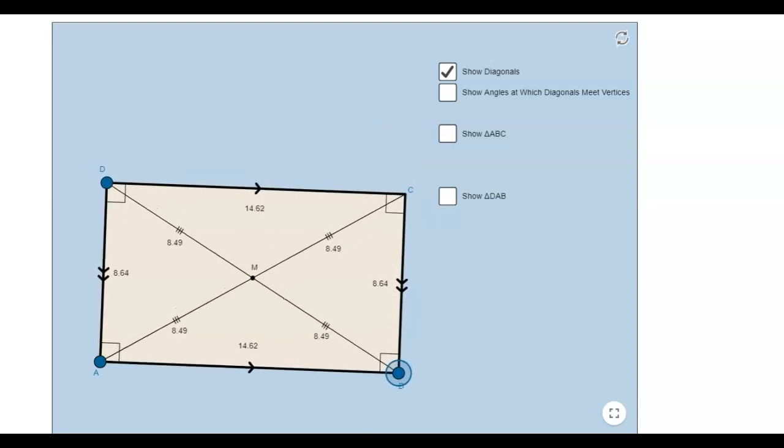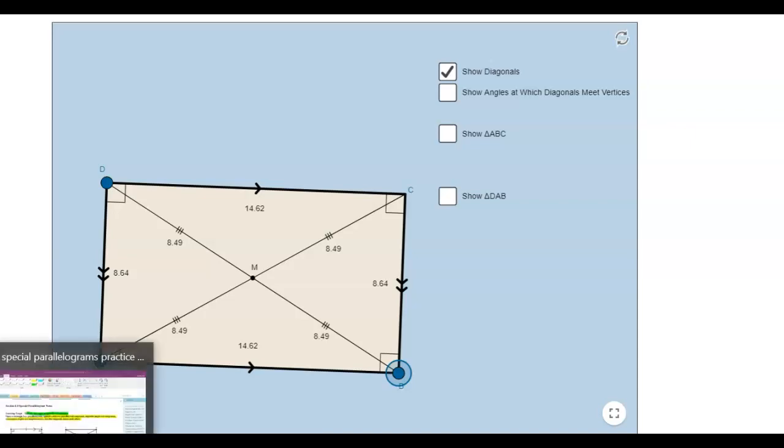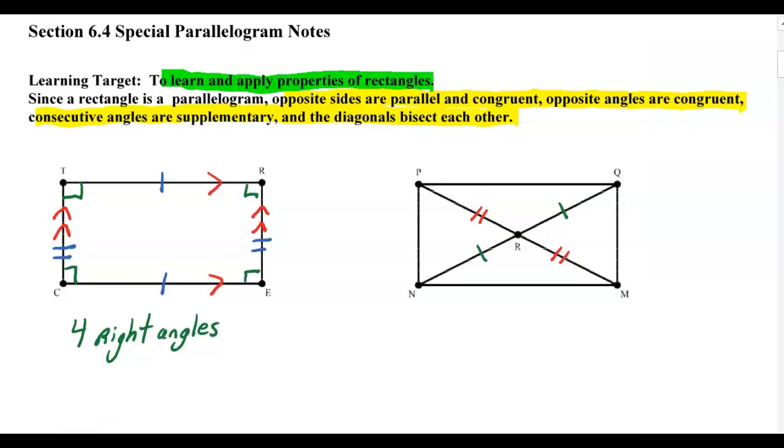Even if I make the rectangle a different size, all 4 pieces of the diagonal are congruent. So it turns out that I don't need different tick marks. I could use the same tick mark for the diagonals. So all 4 pieces are equal, which means the diagonals are congruent. So these are additional properties of a rectangle.